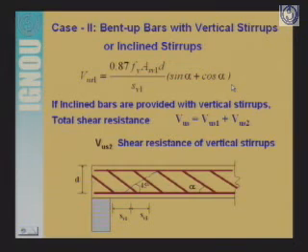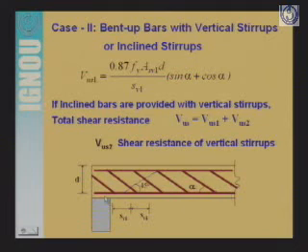Second case is when bent up bars with vertical stirrups are provided, or stirrups are maybe also in form of inclined stirrups. But the case is here that means bent up bars in combination with stirrups.